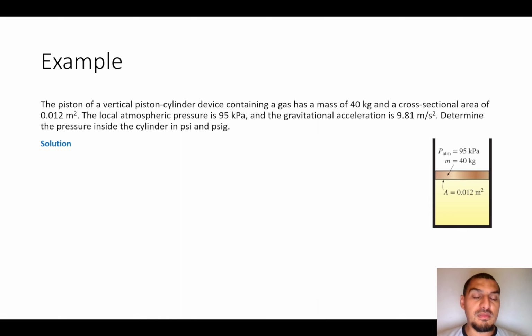So this problem is kind of an easy one, but there is a point that I want to make clear here, and this is a good chance to discuss it.